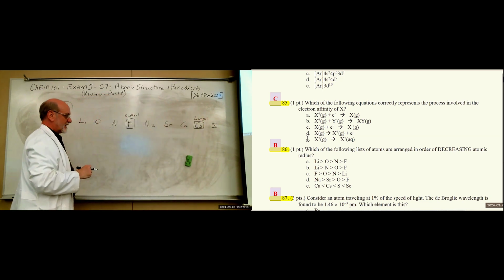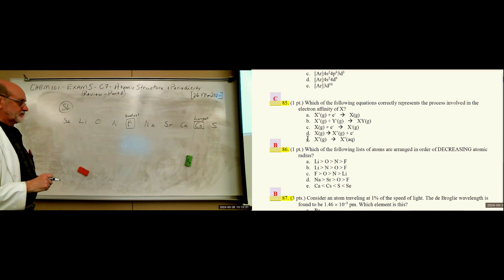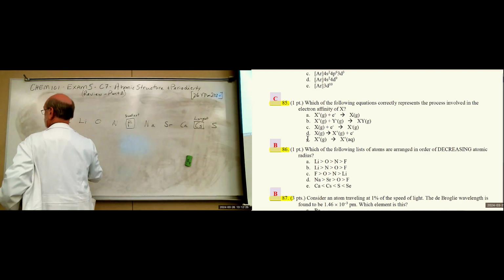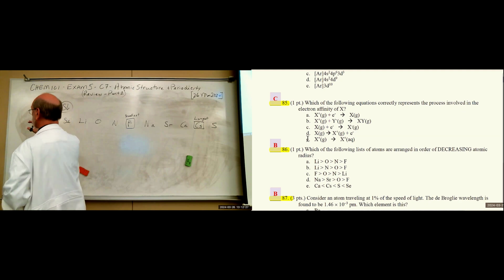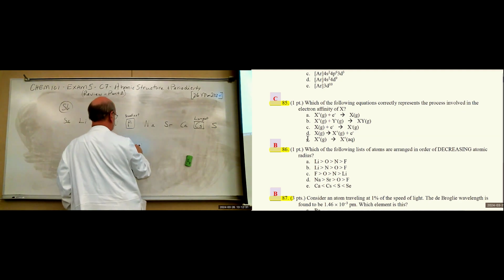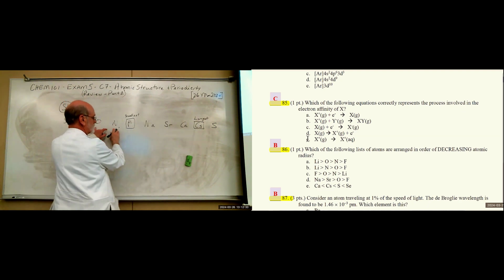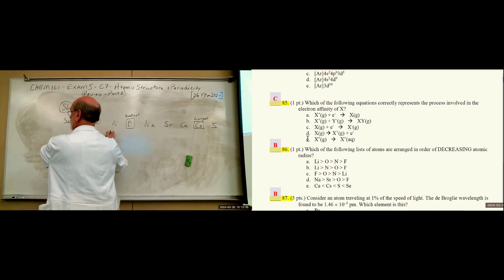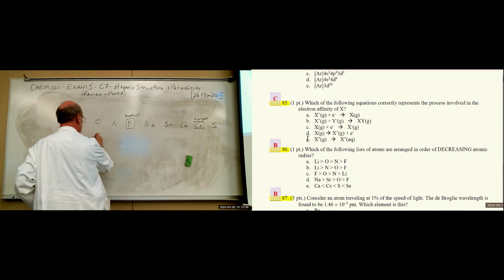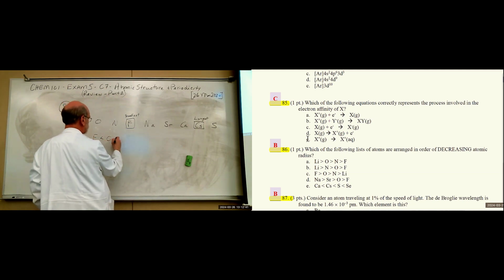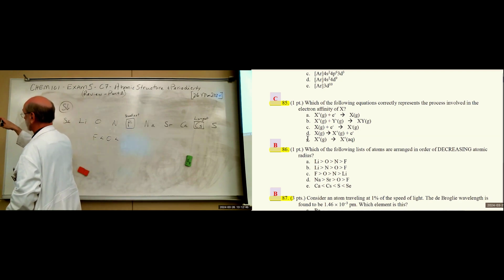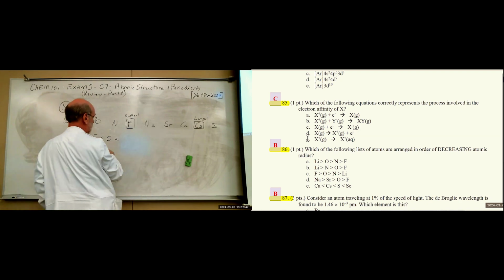Now let's work from there. What would be bigger than fluorine? Well, to the left, oxygen, nitrogen, sulfur would be bigger. So oxygen would be the next one, right? Fluorine would be the smallest. Then we'd have oxygen. And then where would you go? Well, I'd go down to sulfur and then to nitrogen.